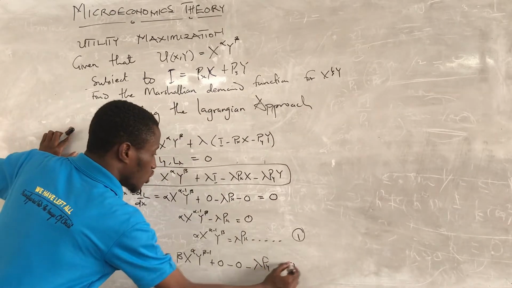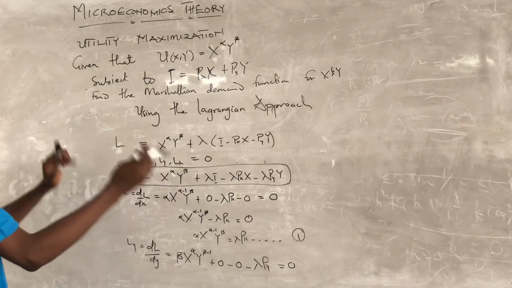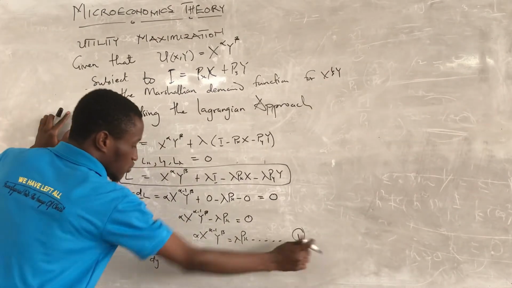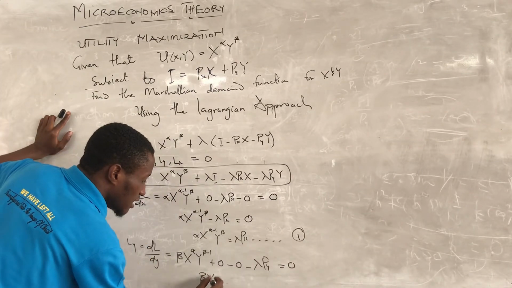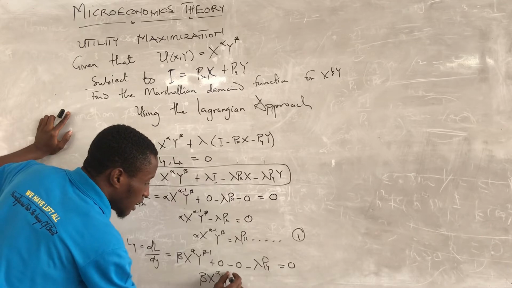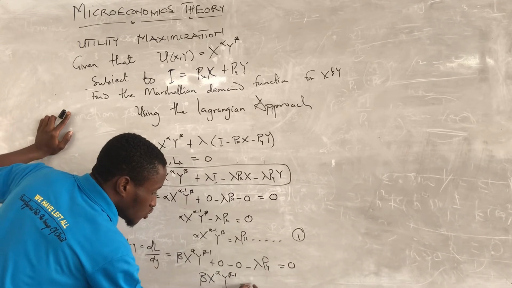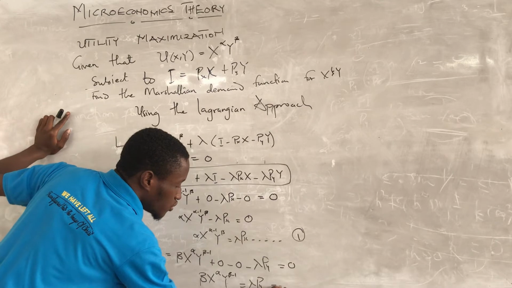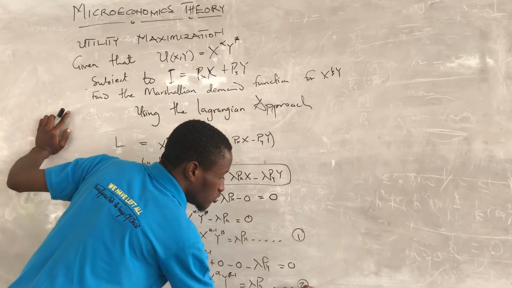That's also equal to 0. When I skip steps and bring this one here, I have beta x^alpha y^(beta minus 1) equal to lambda py. That will be equation 2.